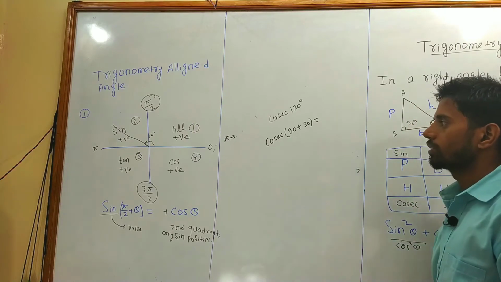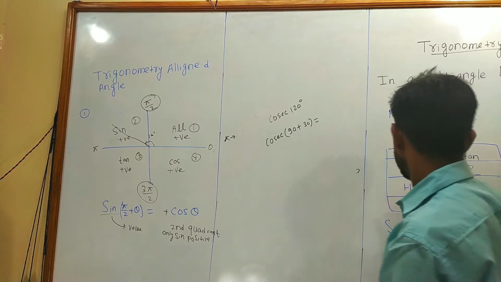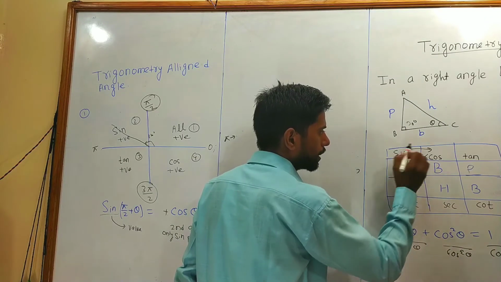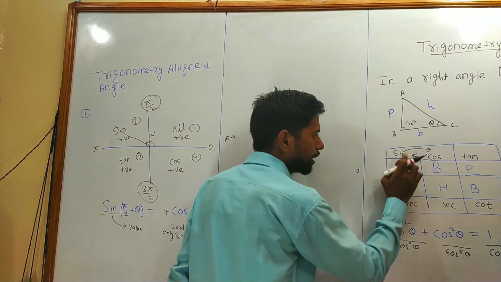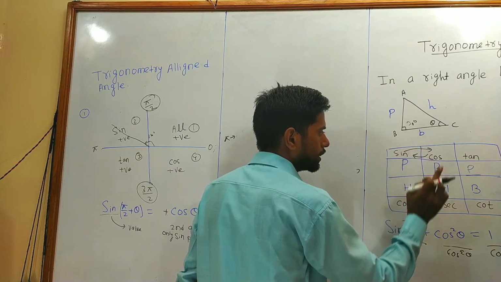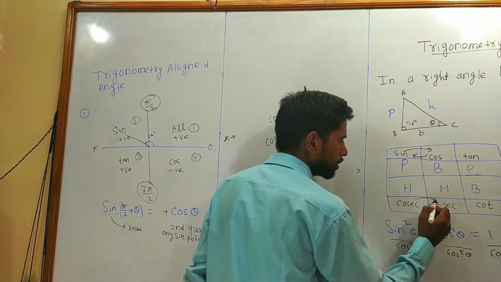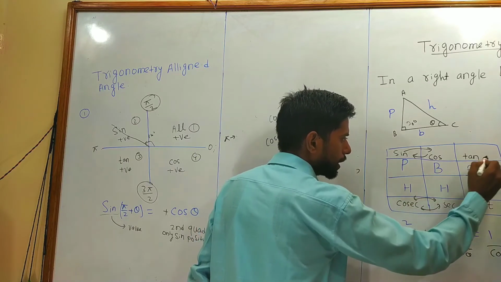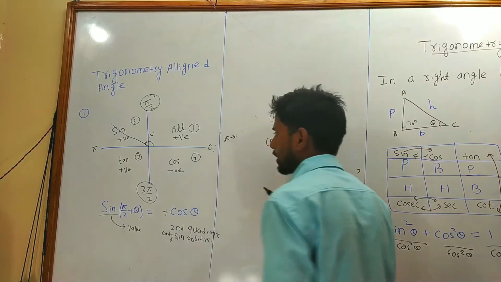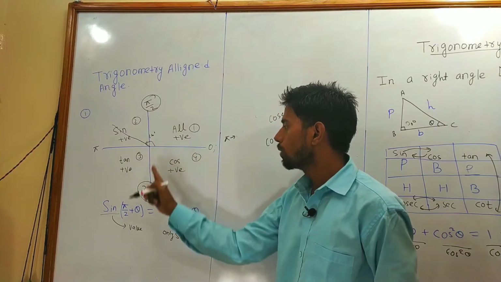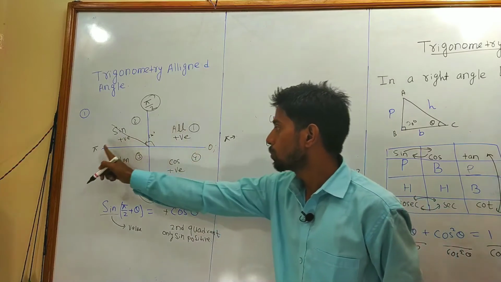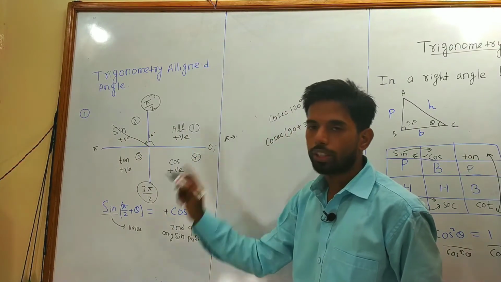So sin will change to cos, and cos will change to sin, that is sin 90 plus theta gives cos theta, cos 90 plus theta gives sin theta. Similarly, tan changes to cot and cot to tan. The change will occur only at pi by 2 and 3 pi by 2. Change will not occur at pi, 2 pi or 0 degree.